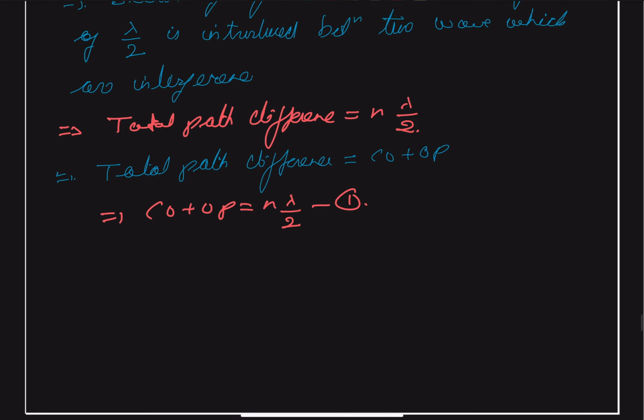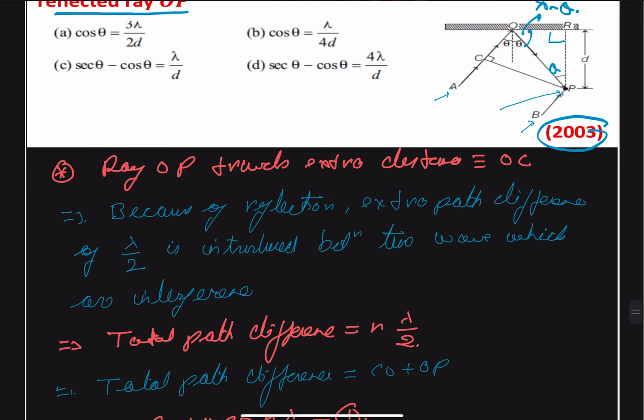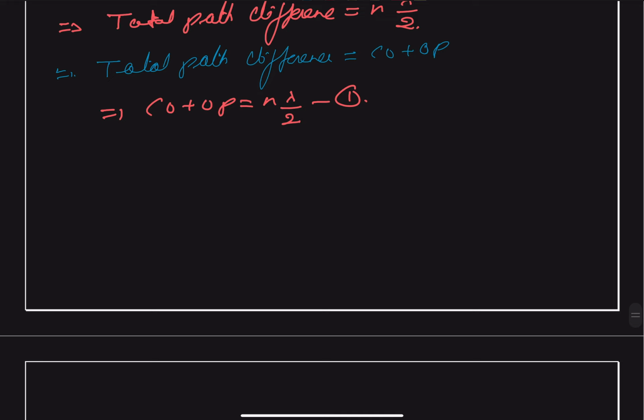And we can express OP in triangle OPR. In triangle OPR, sine of 90 minus theta should be equal to D upon OP. And sine of 90 minus theta is cos theta. So this gives us that OP will be equal to D upon cos theta. Let us call this equation number 2.